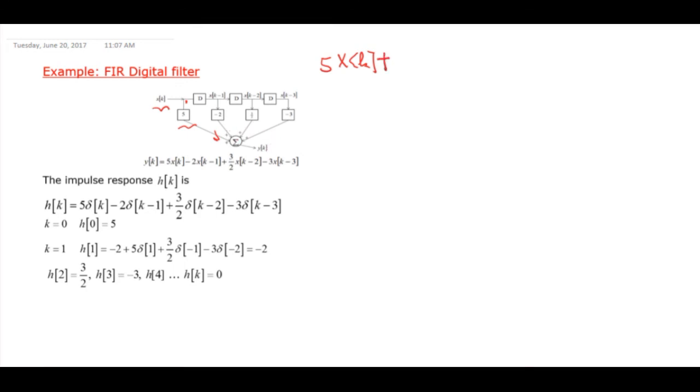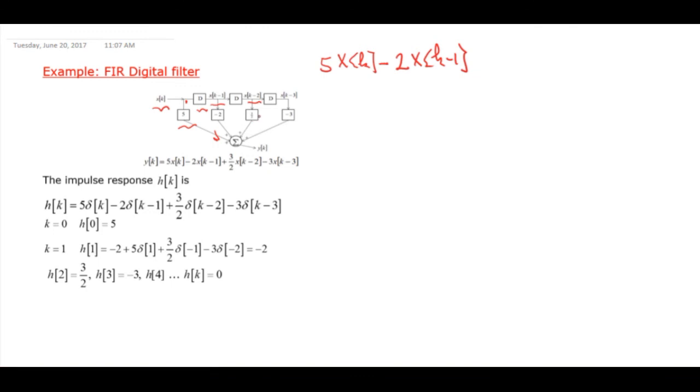We're expecting plus this one, which has one delay, so it becomes xk minus 1, multiplied by minus 2. So we have minus 2 xk minus 1.